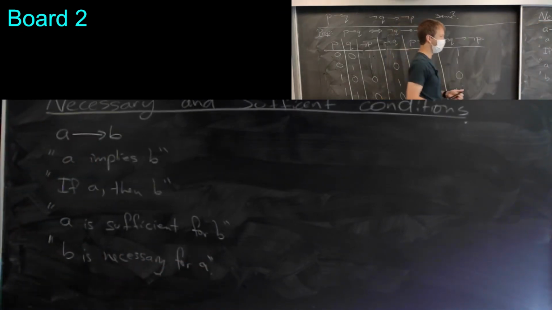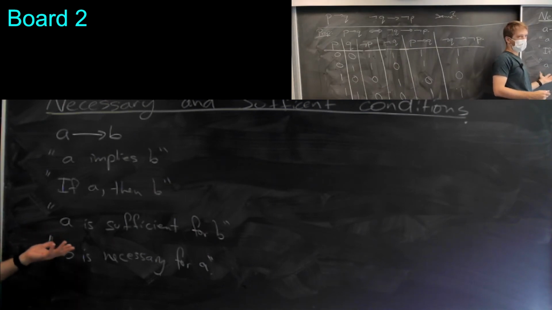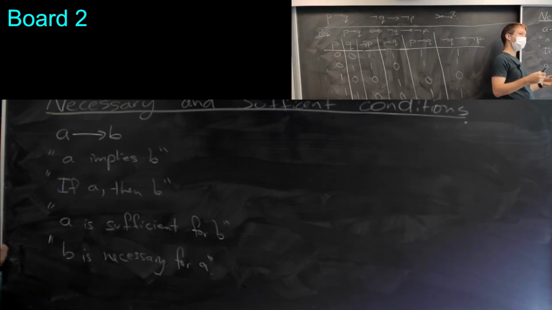So if you ever see something like A is sufficient for B, what it's really saying is that A implies B.